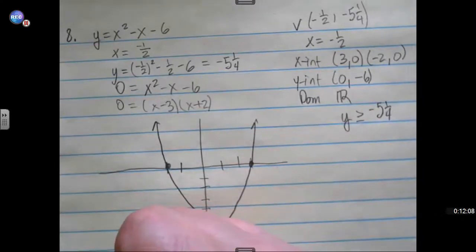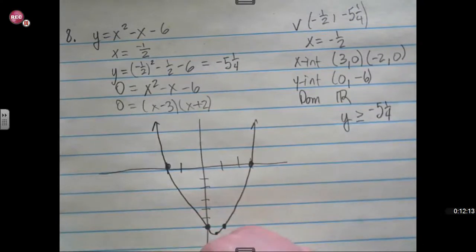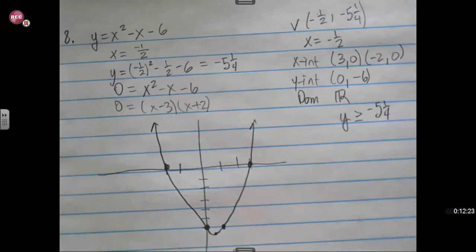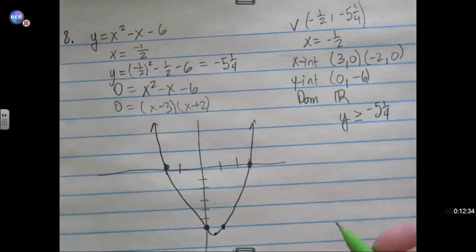Number 9, same thing. Y equals -2x squared, so I know it's going to open down, plus 4x plus 1. X equals -4 over -4, which is 1, meaning y is -2 plus 4 plus 1, which is 3. So your vertex is at 1, 3. Axis of symmetry, x equals 1.